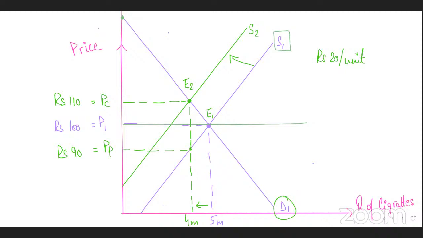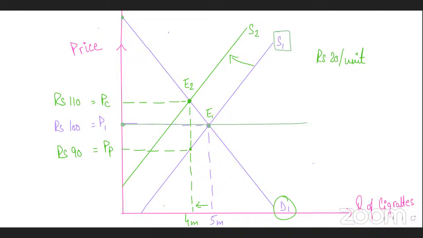The area below the demand curve and above price is your consumer surplus. So this entire big triangle was your consumer surplus. Students, are you following me or not?